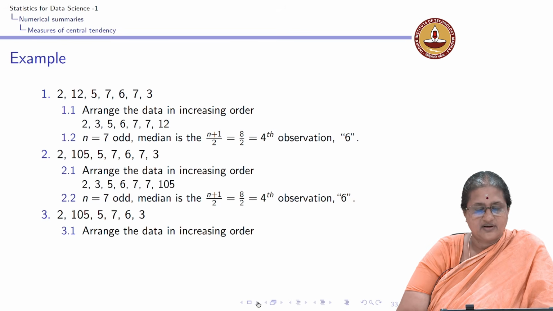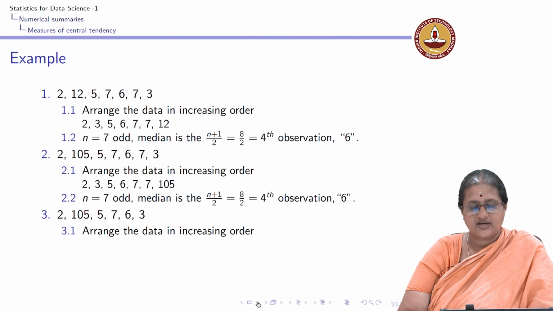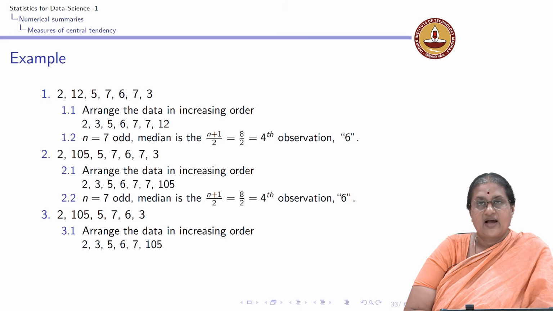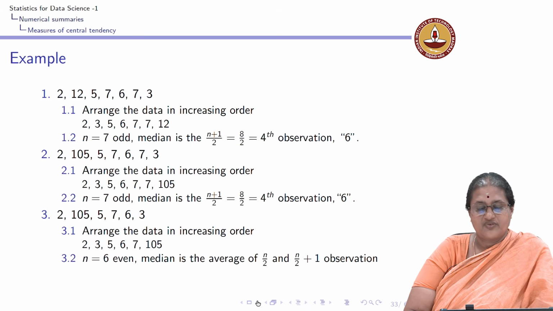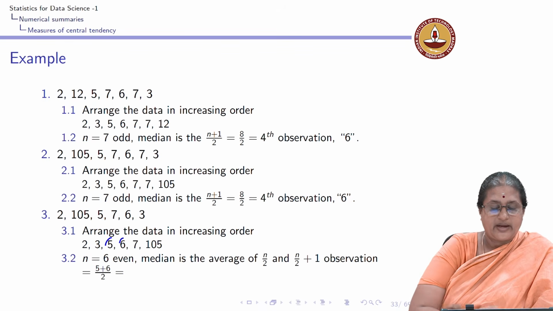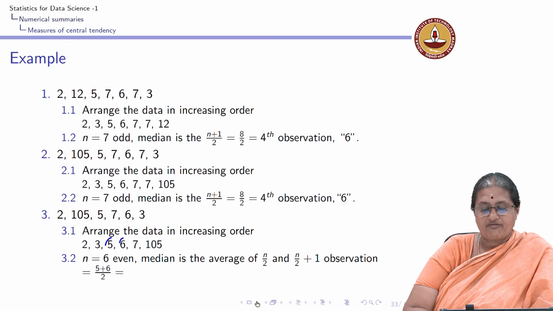Now let's look at the third data set, which had only 6 observations. Again, I arrange this data in ascending order: 2, 3, 5, 6, 7 and 105. Here n is equal to 6. So my median is going to be the mean of the third observation and the fourth observation, which is 5 plus 6 by 2, giving me 5.5.